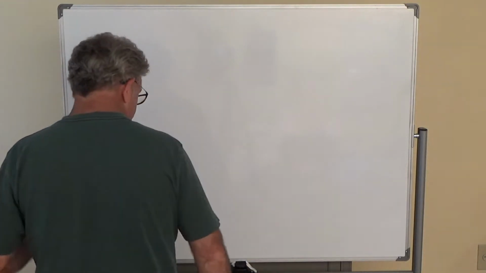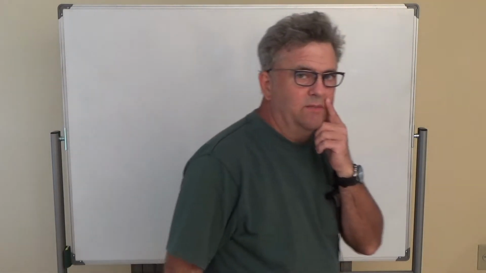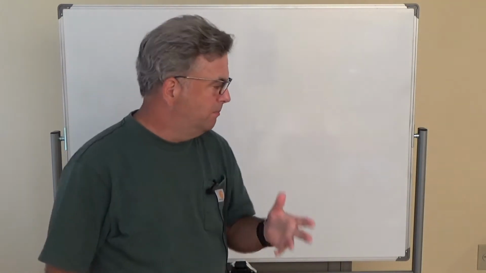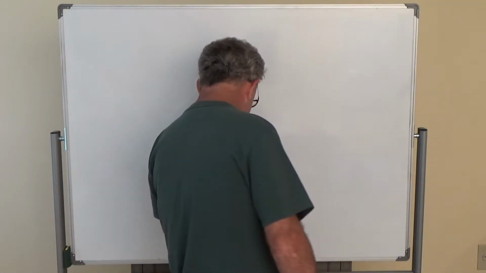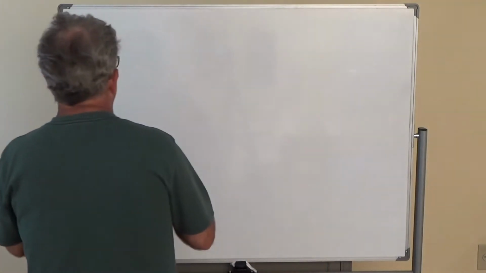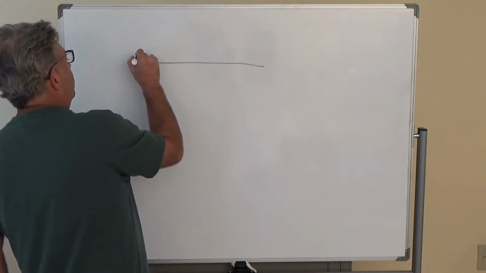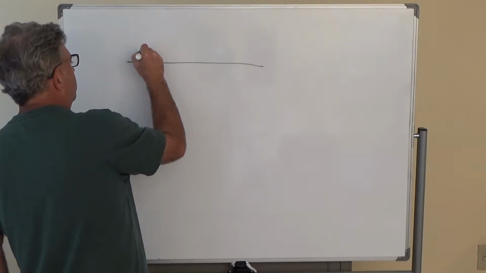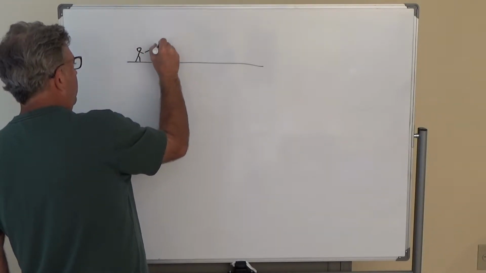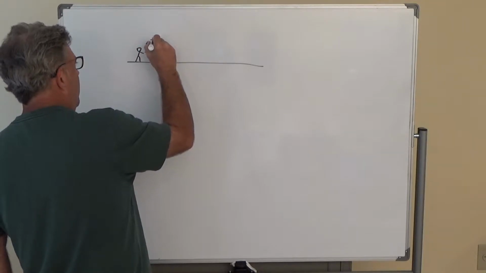Okay, so last time, or yesterday if you watched the video, I started talking about projectile motion. Projectile motion is this idea that you have an object and you give it some initial velocity.